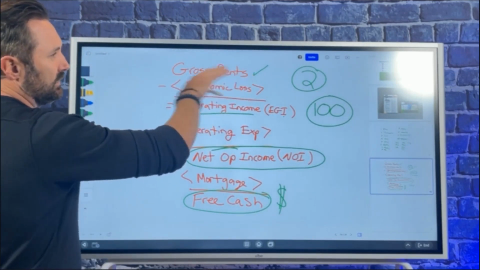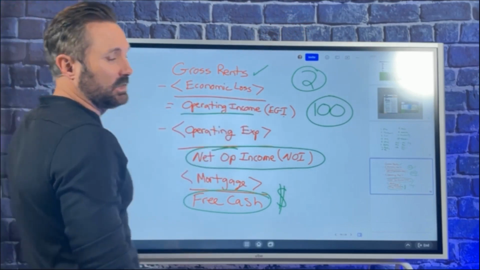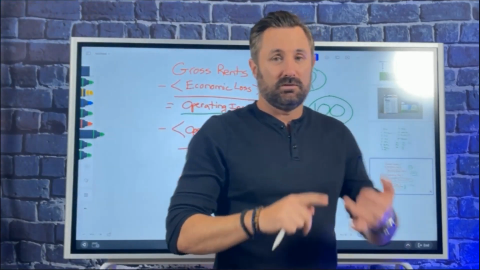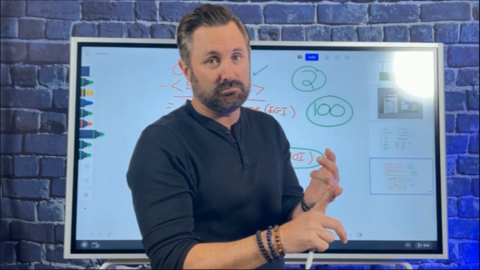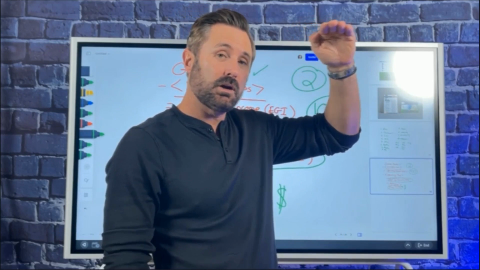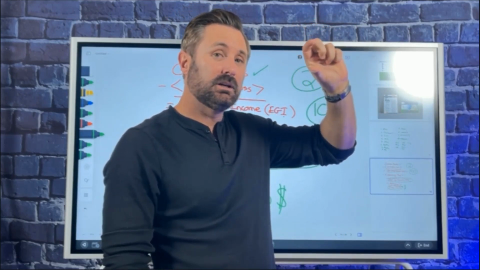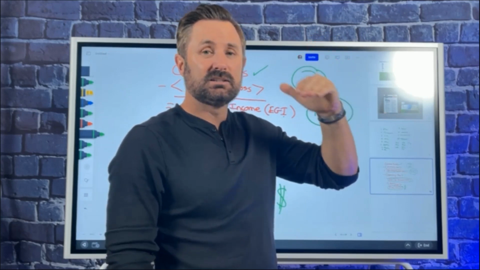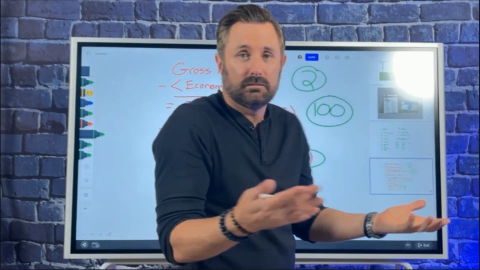Gross rents, how much potential money can this property make? You're going to take out economic loss. So this is physical vacancy on the property, bad debt, meaning tenants not paying rent, loss to lease, which is the difference between a market rent, maybe being $100 a month, and maybe you're getting $80 a month. $20 delta, loss to lease. Okay. Concessions. Maybe we're having to give $50 concession to move in.